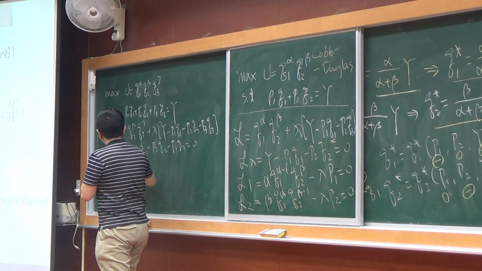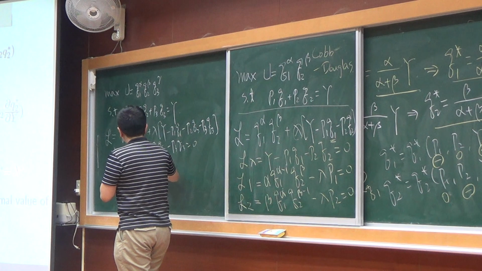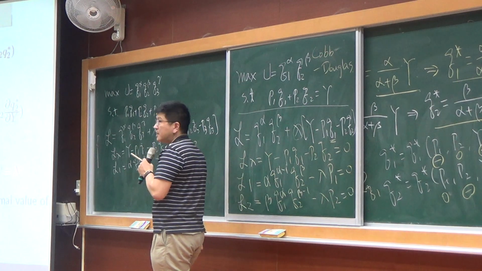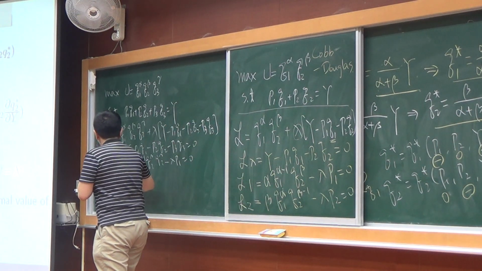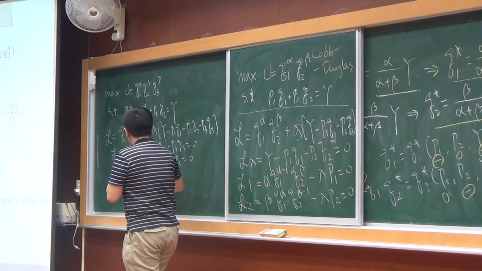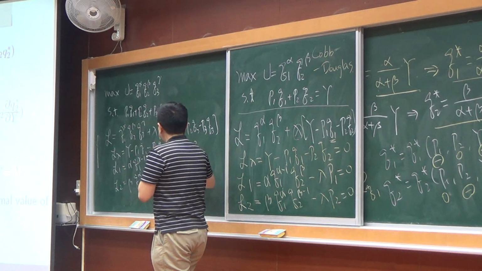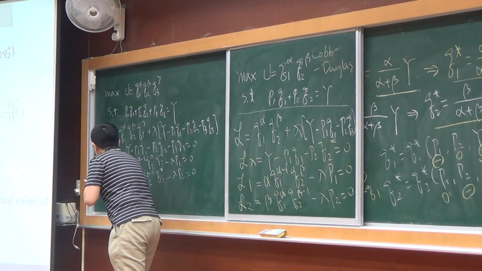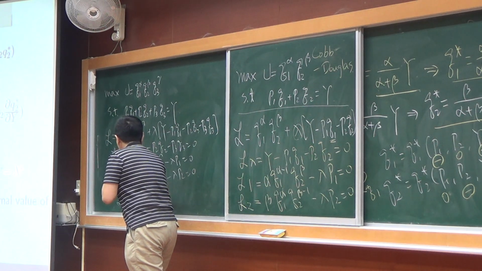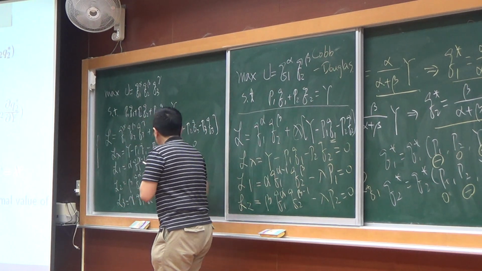The first condition is alpha Q1 to the power of alpha minus 1, Q2 to the power of beta, Q3 to the power of gamma minus lambda P1. The second would be beta Q1 to the power of alpha, Q2 to the power of beta minus 1, Q3 to the power of gamma minus lambda P2. What about the fourth first order condition, which would be gamma Q1 to the power of alpha, Q2 to the power of beta, and Q3 to the power of gamma minus 1 minus lambda P3.